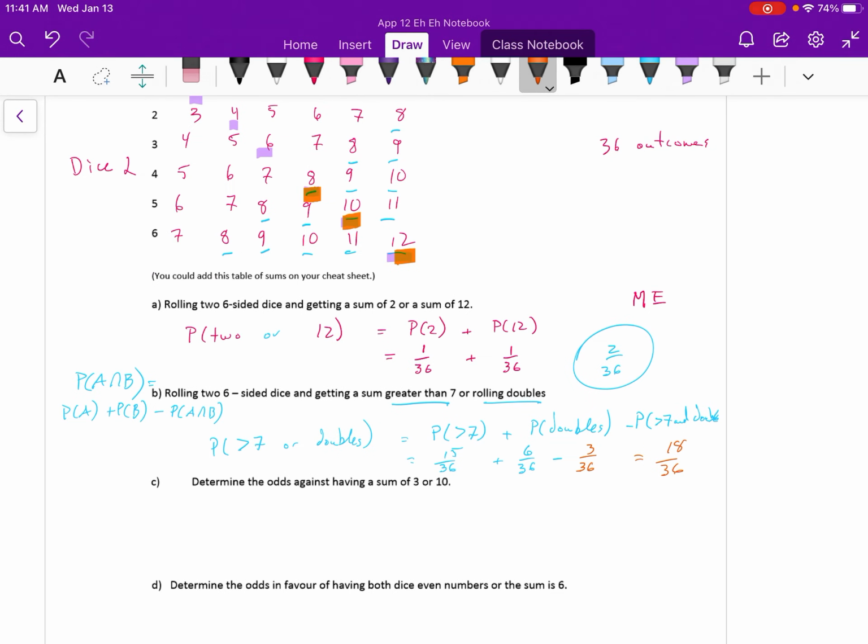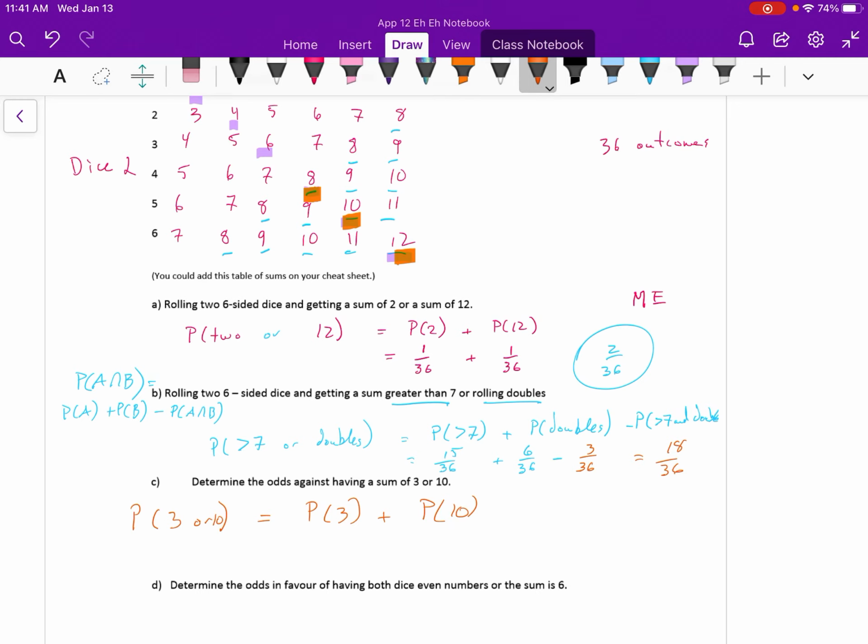All right. Let's move on. So determine the odds against a sum of 3 or 10. Ooh, odds. So what I'm going to do first is calculate the probability of a sum of 3 or 10.